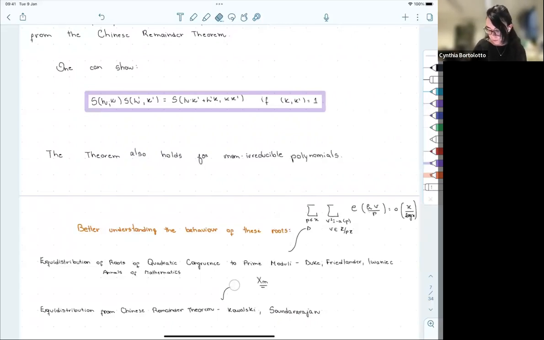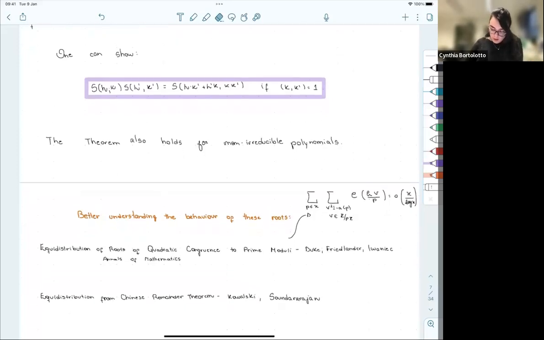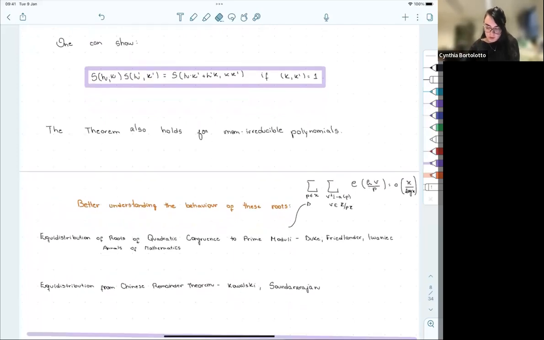And then we can also prove some equidistribution. There are some other works, but I'd like to point out these two.